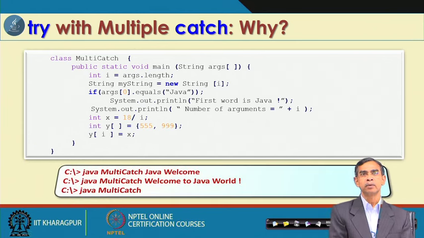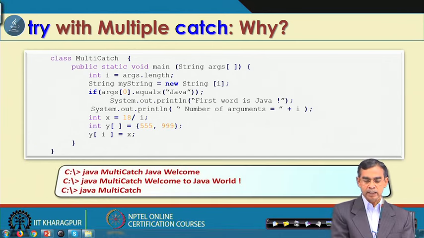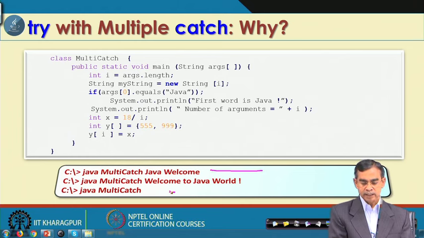If you try this program with these inputs, an exception occurs for this input, here also an exception occurs, and here also. Different exceptions may occur for different inputs like this.